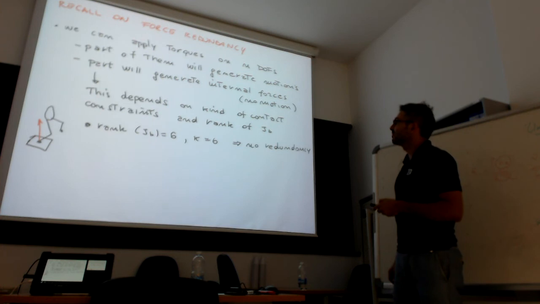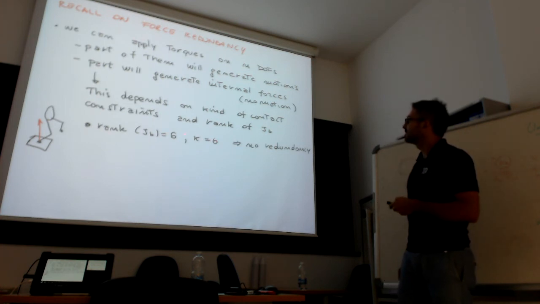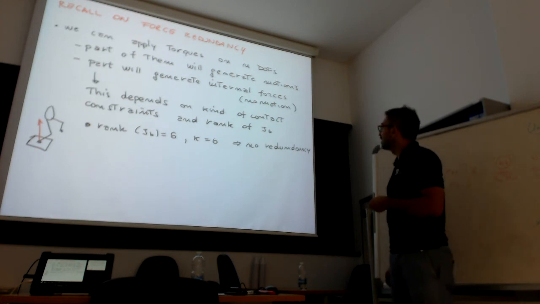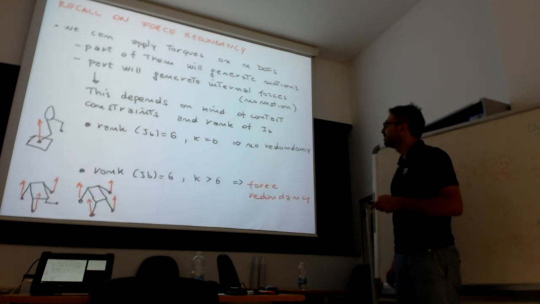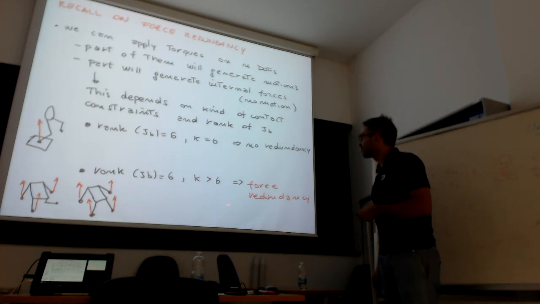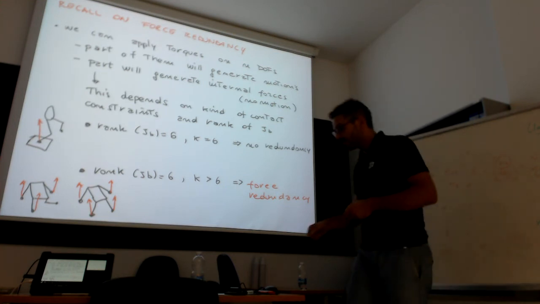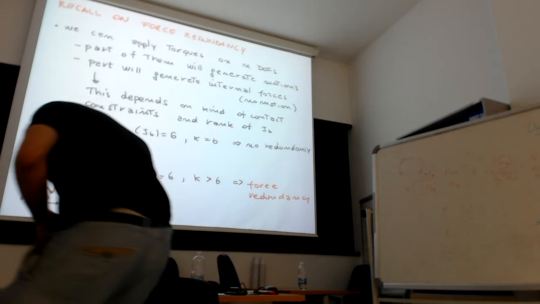And in the case of 6, for example, and 6 columns, then we have no redundancy, while whenever the rank is 6 but we have more columns, then we have force redundancy. And in this case, I think this is still transpose.